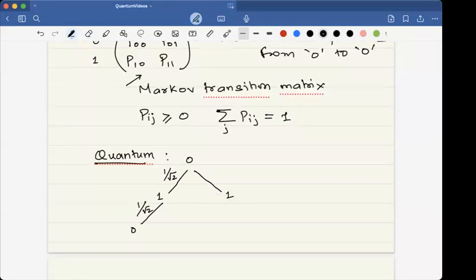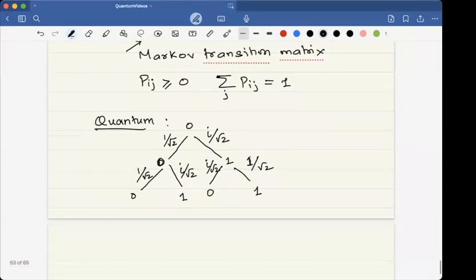So for instance, from 0 to 1 we can have I over square root of 2, and then from 1 to 0 to 1, this will be I over square root of 2.